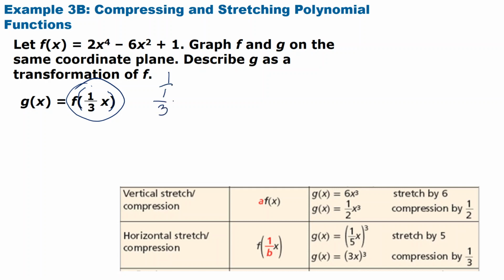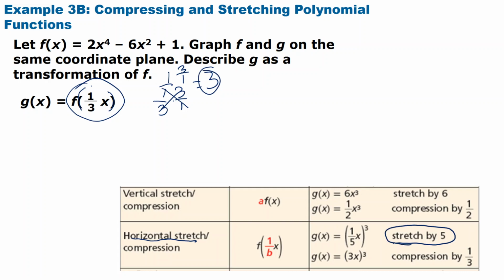When we divide that out, if you multiply 3 over 1 times the top and 3 over 1 times the bottom, our 3's cancel out. 1 times 3 is 3. So we're going to have a horizontal stretch by a factor of 3.